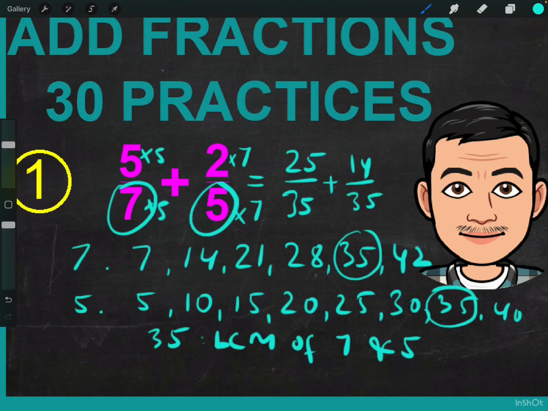Now the two new fractions have the same denominator, so we simply add the two numerators. 25 plus 14 equals 39 over 35, and that is the answer.